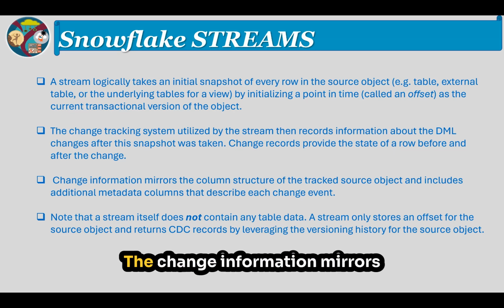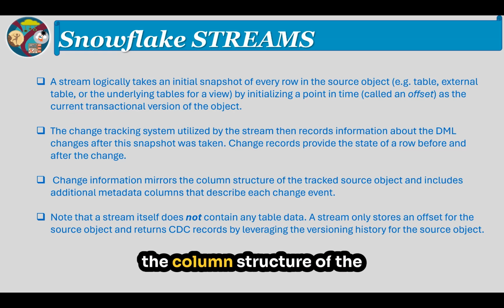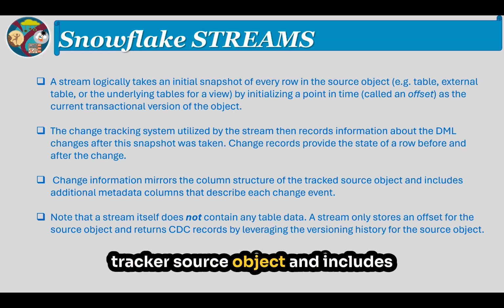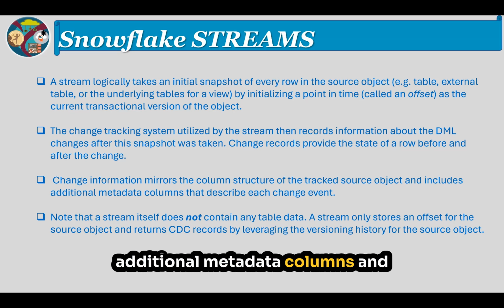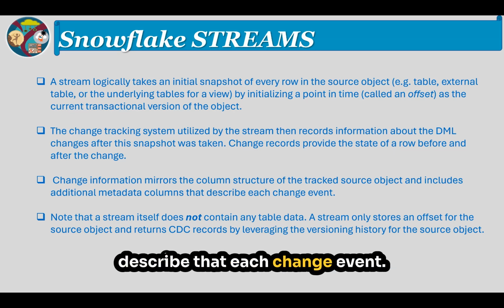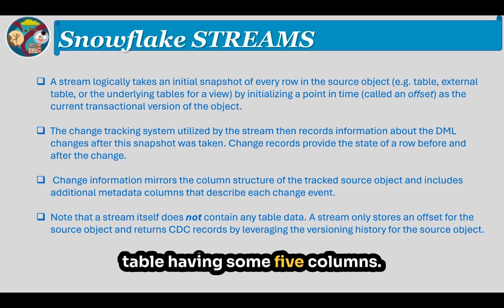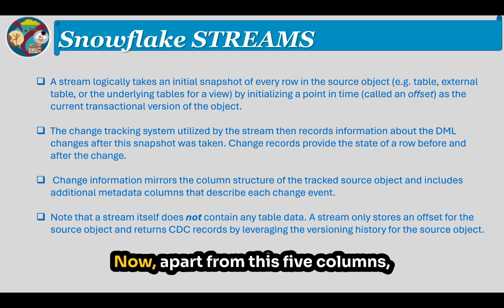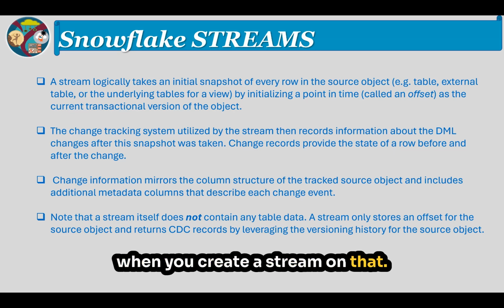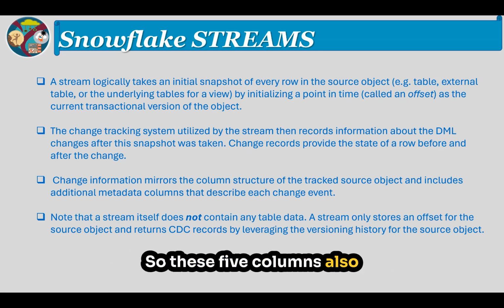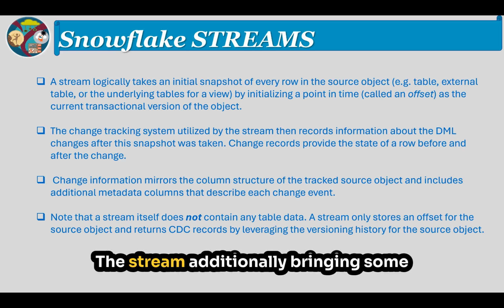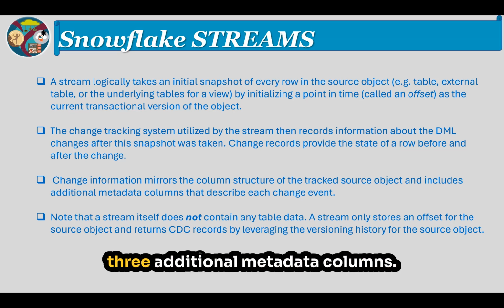So in Snowflake, if somebody asks how you can implement the CDC process by using streams, we can achieve that. The change information mirrors the column structure of the tracked source object and includes additional metadata columns that describe each change event. What it means: for example, a table has 5 columns. When you create a stream on that, these 5 columns are also populated into the stream, and apart from this, the stream additionally brings 3 additional metadata columns.